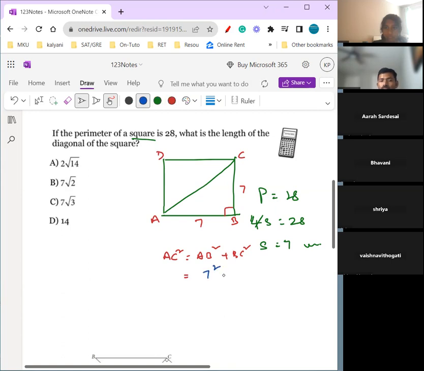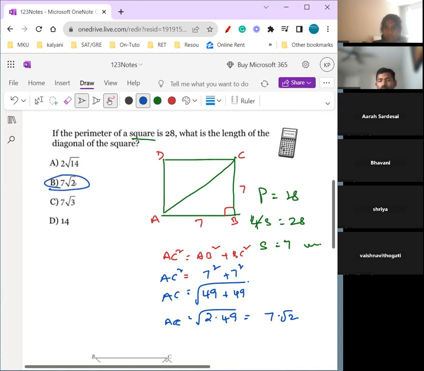I can write that as 7 square plus 7 square equals AC square. 49 plus 49, or you can just say 2 times 49, and then take the square root. The square root of 49 is 7, so it's 7 radical 2. So that is the AC part.